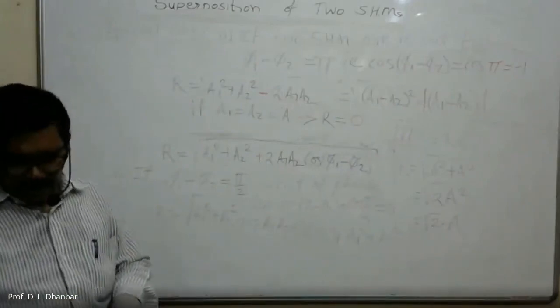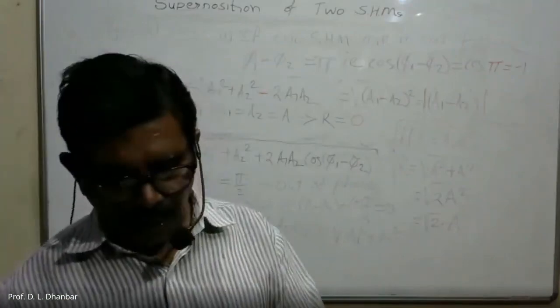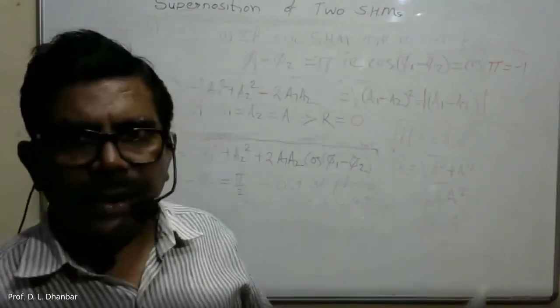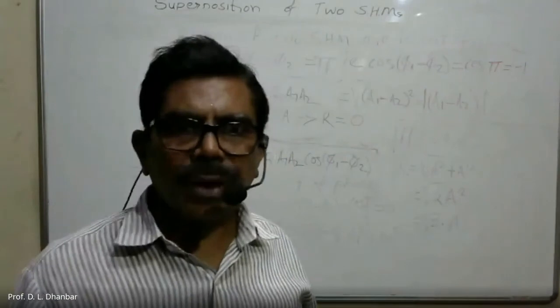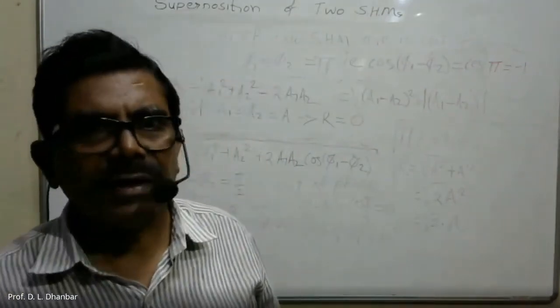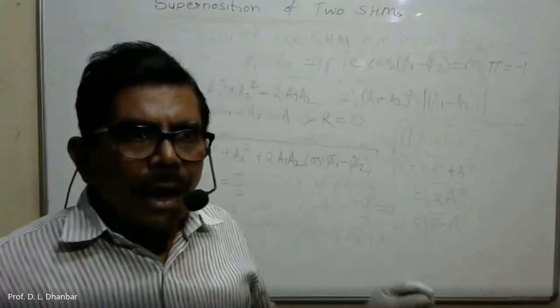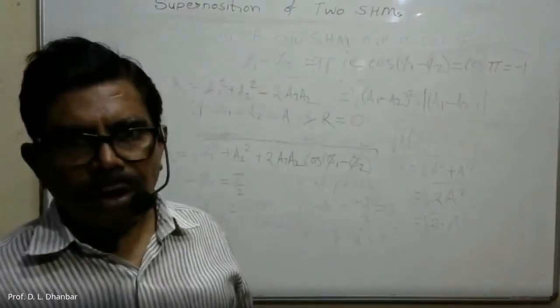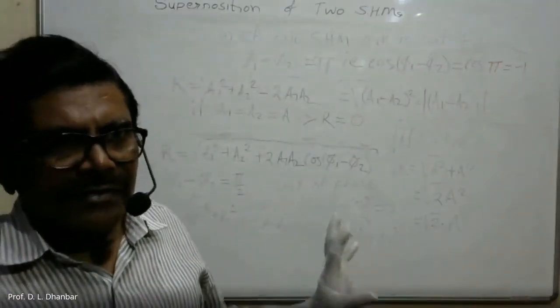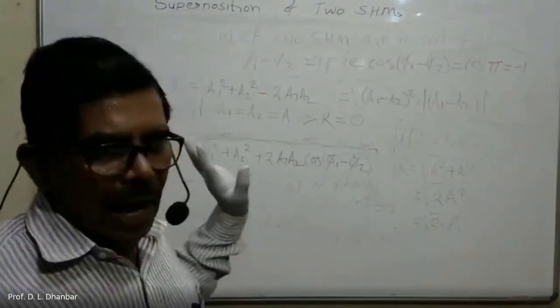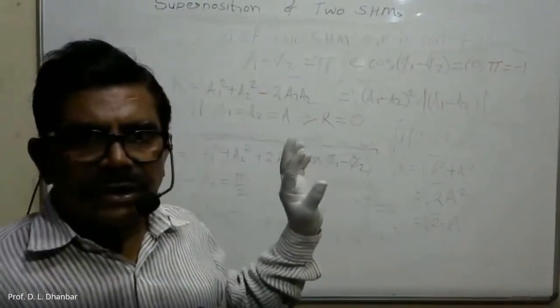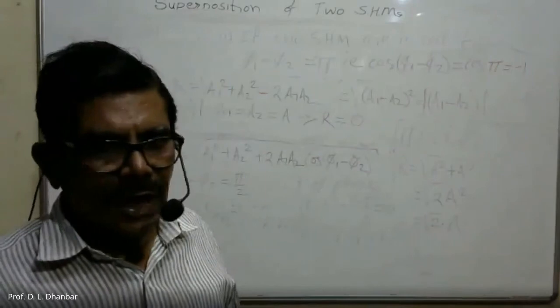When a single particle is subjected to two simple harmonic motions simultaneously, the resultant motion is a simple harmonic motion, and it has the resultant amplitude as capital R and the resultant initial phase delta.